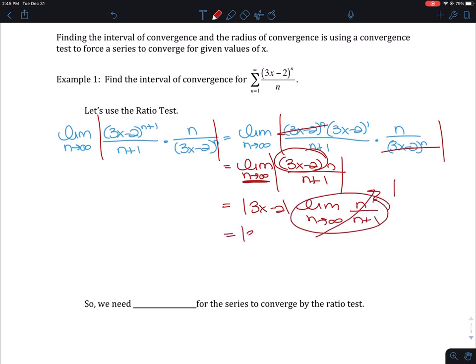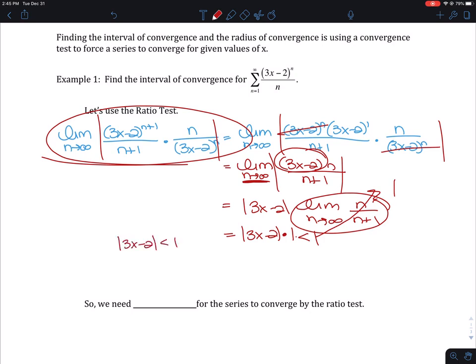So then I have the absolute value of 3x minus 2 times 1. Now, in order for this ratio test to converge, I have to force this to be less than 1. Greater than 1 is divergent, and equal to 1 is inconclusive. So I want the absolute value of 3x minus 2 to be less than 1.